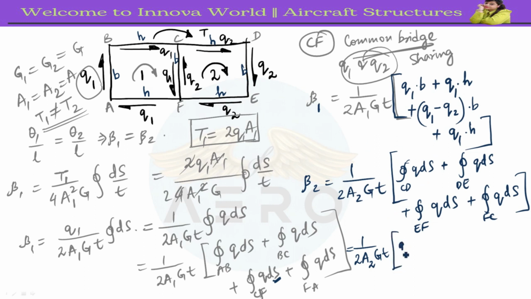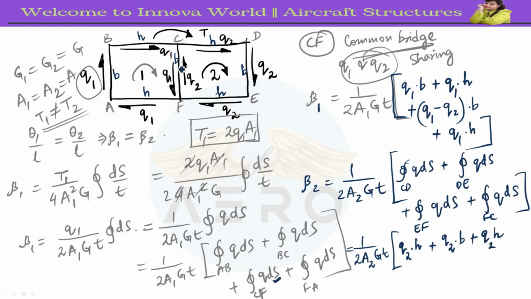Again we implement this value of 2A2 G t. Now q for CD, what is the value? q2. So q2 into ds, where ds is the perimeter, here h, plus DE. For DE again we have q2, and the perimeter is b, or the length. Then EF, we again have q2 and the perimeter as h.